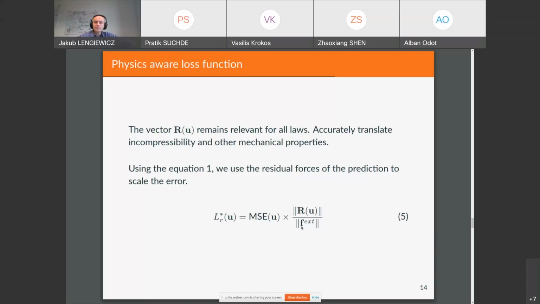But now I hear you discussing that, and I was thinking: you add some physics-aware term in your MSE, and your intuition is that the MSE could be low, but the physical solution could be wrong. So you add this second term to make sure that physically it makes sense. So that means that MSE could be low and R of u can be high.